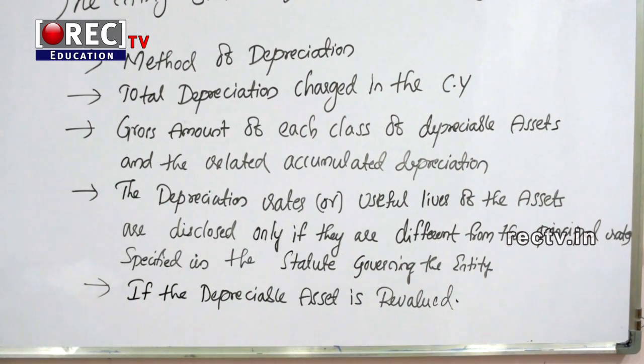And the last, a change in the method of depreciation is treated as a change in accounting policy, and the disclosures required by AS5 should be made in the financial statements. These are the disclosures of accounting standard 6. This should be maintained in the financial statements as per AS6.